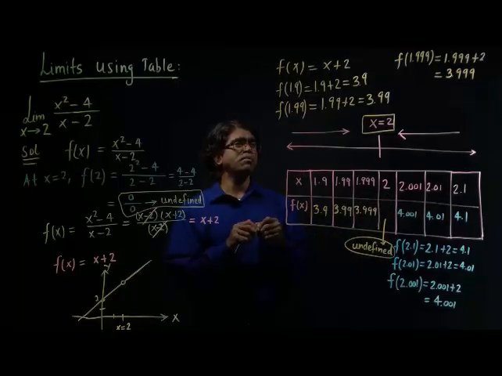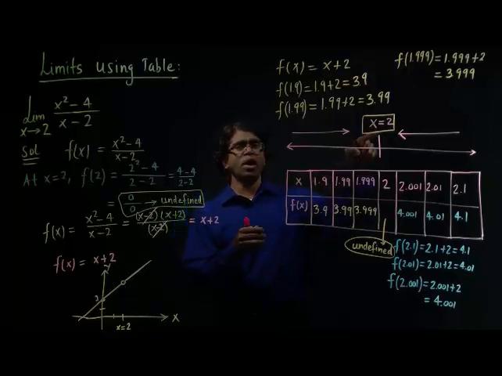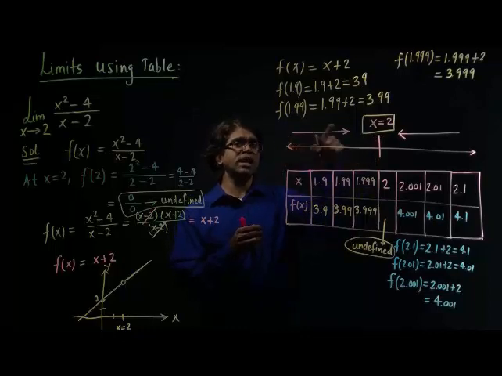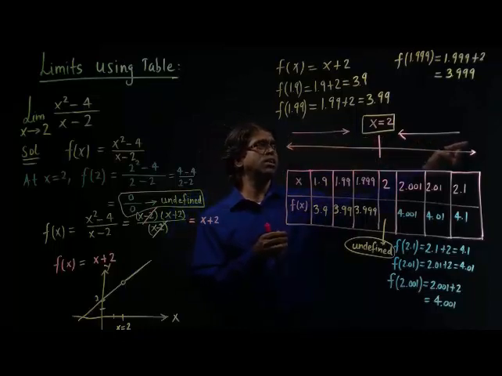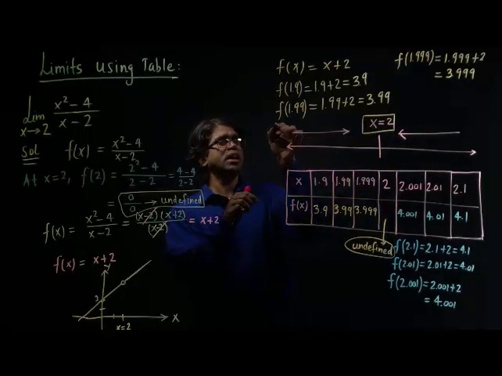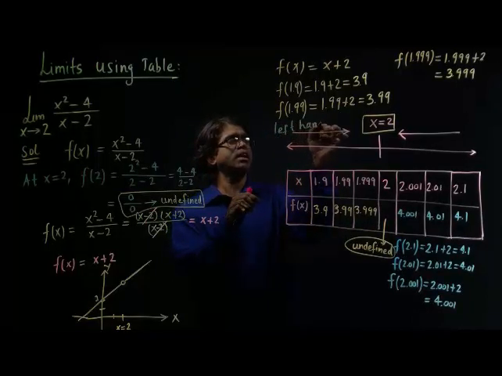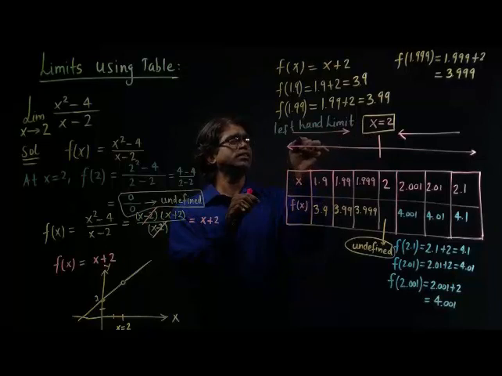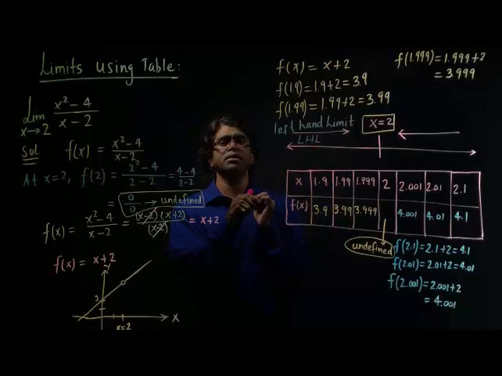Now, if you remember, we can approach the point at which we have to find the limit in two ways: one from the left of that point, and the other from the right of that point. If we approach that point from the left, we will call it the left hand limit, and we also use the symbol LHL for left hand limit, right?